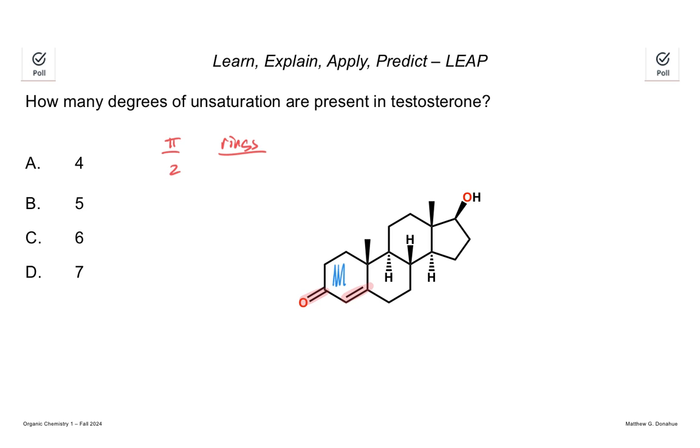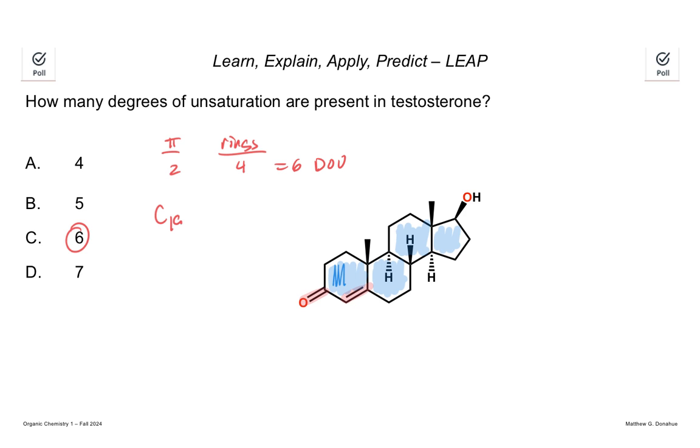We have 1, 2, 3, 4. So that gets us 6 degrees of unsaturation. We could calculate it the other way as well. So the answer was C.